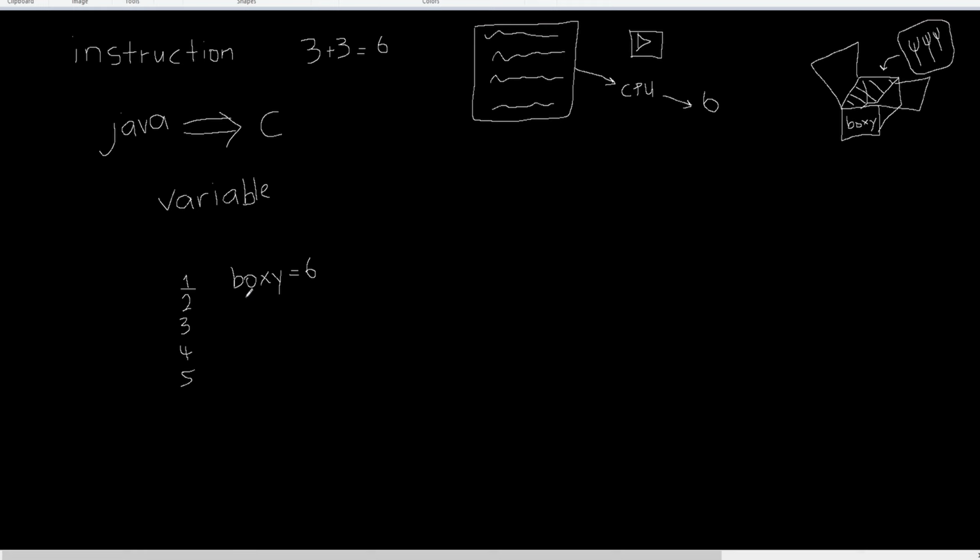Think of it as a container, and it's just a box. It's like a label, if you will. And the value we have put into this box, the value we have attached to this label, is 6.